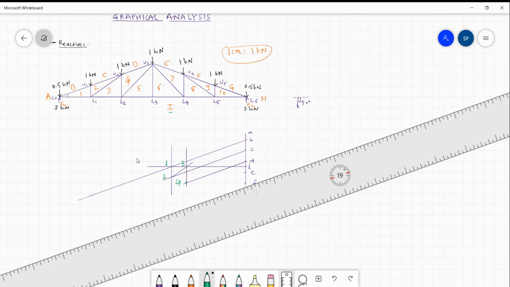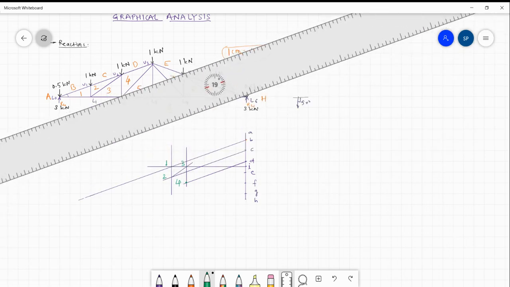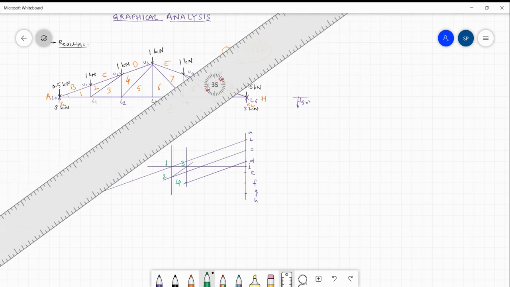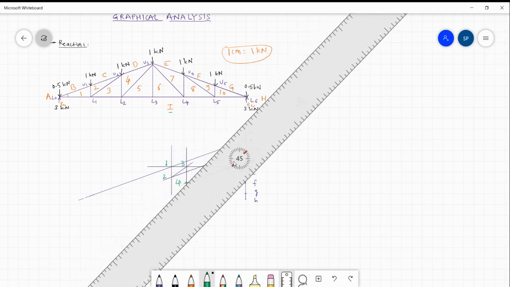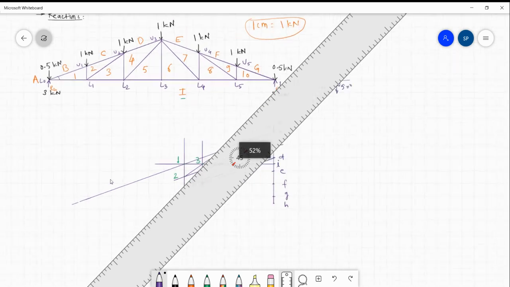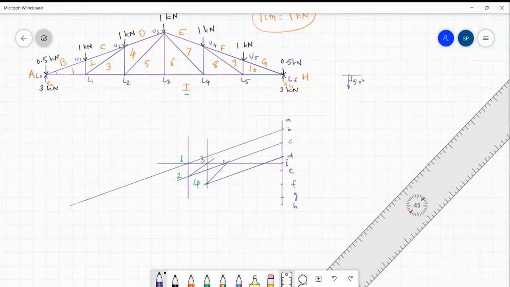We will draw a line parallel to L2 U3. Wherever it intersects with the line from I, that is going to be point number 5. So this is that intersection point, and it's going to be 5.